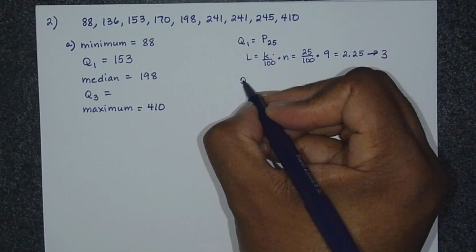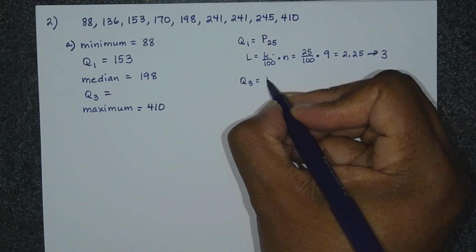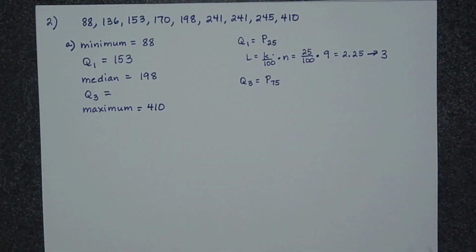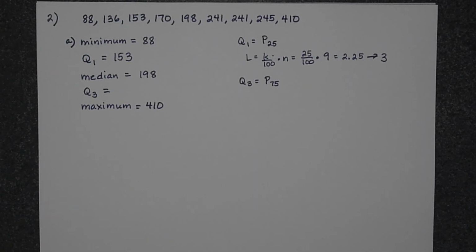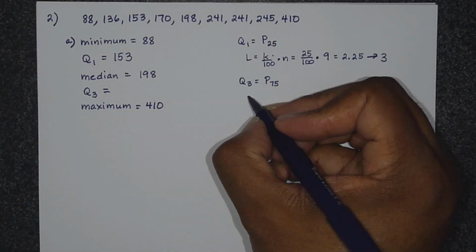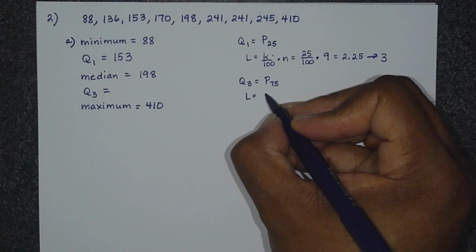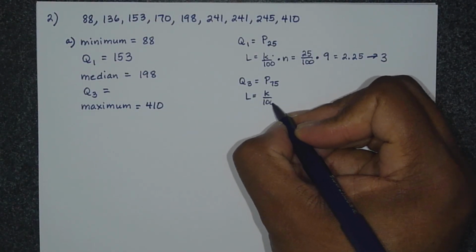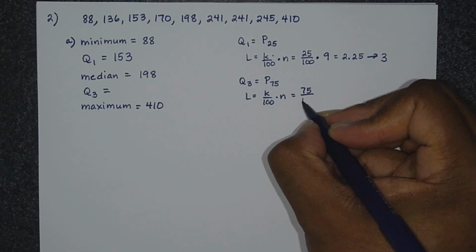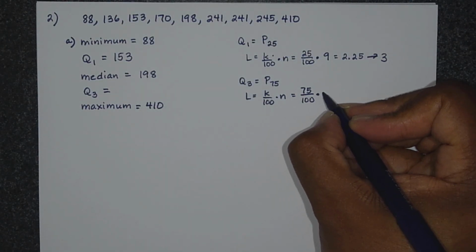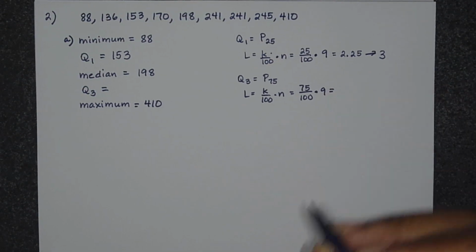Now for Q3. Now Q3, if you recall, represents the 75th percentile. And of course we use L is equal to K over 100 times N. So it'd be 75 over 100 times 9.